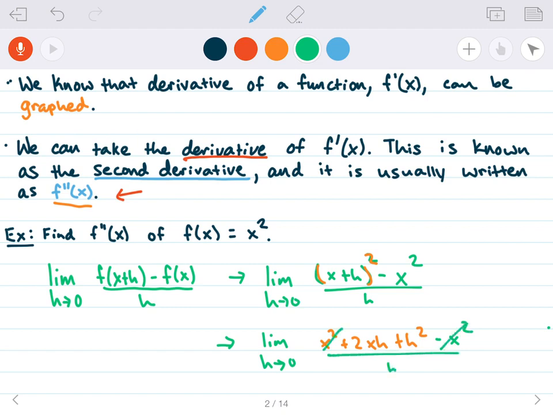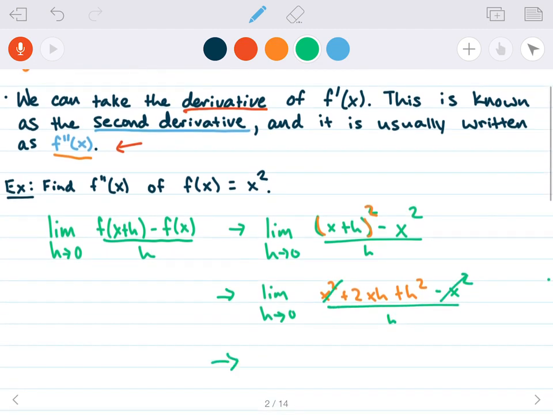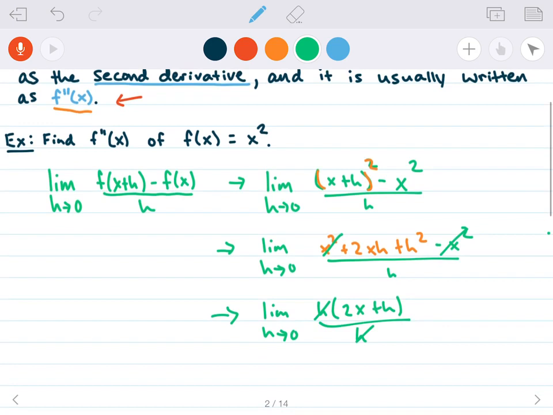These guys cancel out, and I can factor out an h. Factor out an h, 2x plus h over h. These guys can cancel, and I'm left with 2x. Okay, so this was f prime of x.